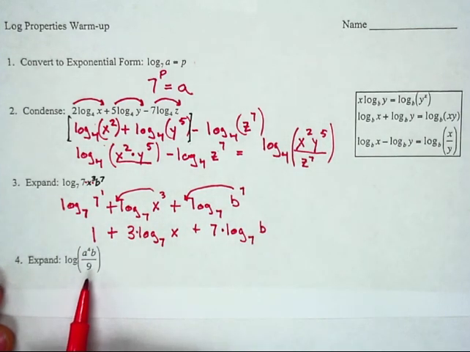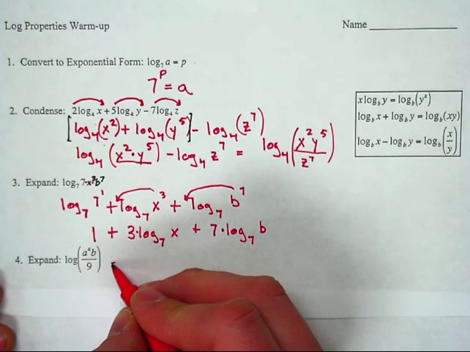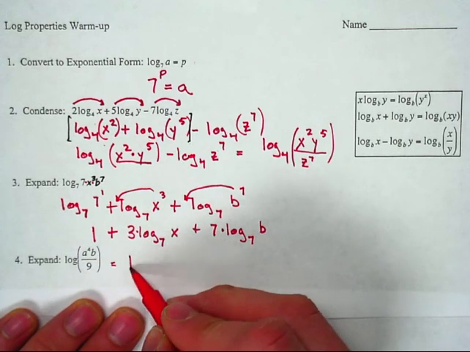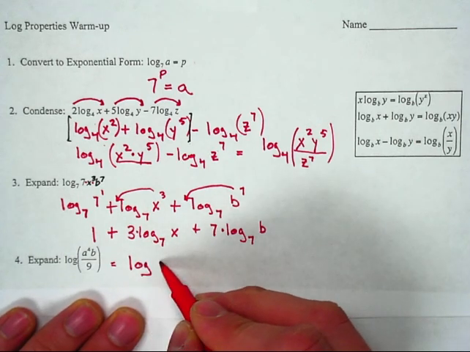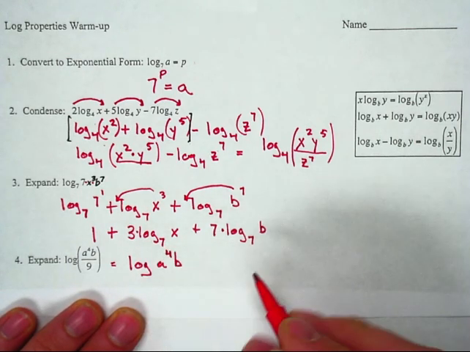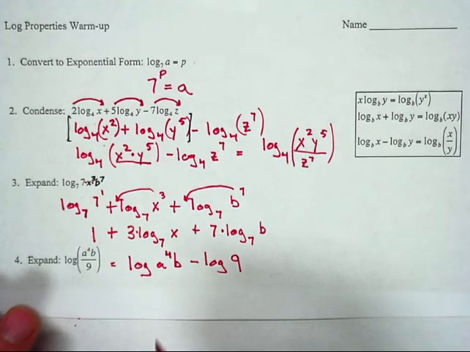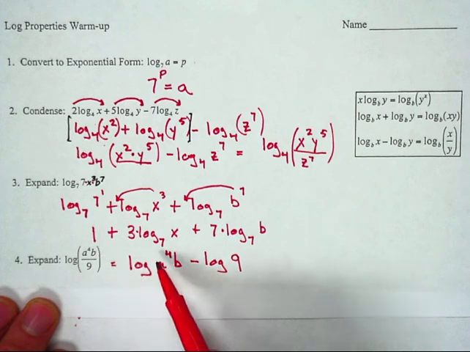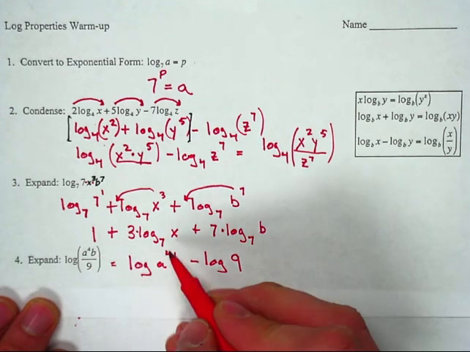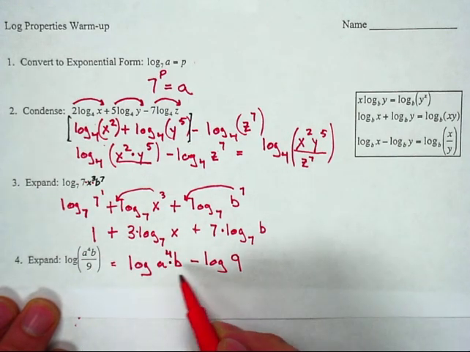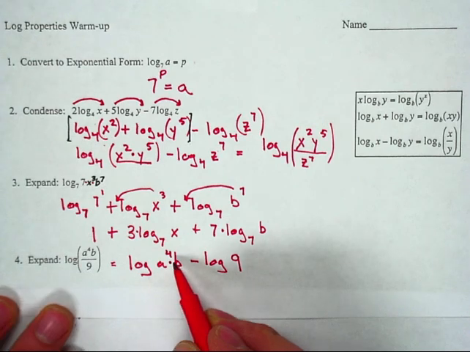Same thing here. We're going to expand, but we do have division, so we're going to break that division out first. This is just log, so log base 10. So we have log of a to the 4th b minus the log of 9, because we're going to do that division first. And now we're going to handle this multiplication. You have to split up the product first before you can handle the power.